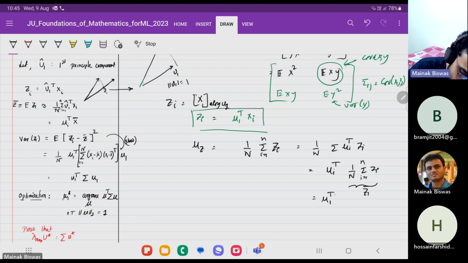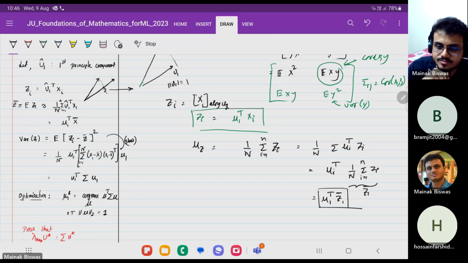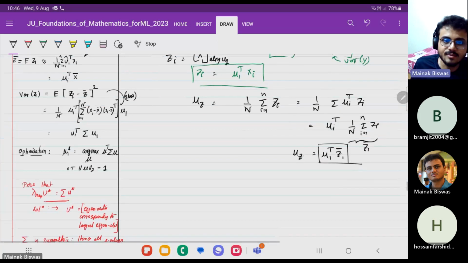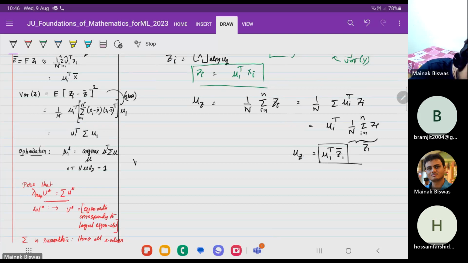This is your u1 transpose z bar, right? Yes. So what will I do next? So this is my mu Z. How will I get the sigma Z or the variance of Z? Since Z is a scalar here, we can use our old formula, (Zi minus Z bar) square. Yes or no?